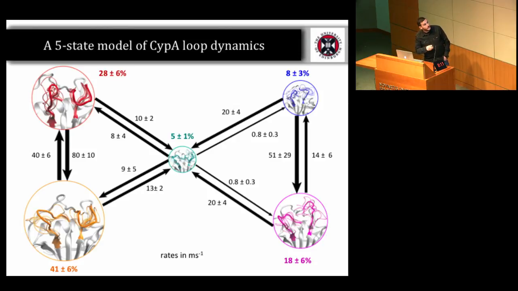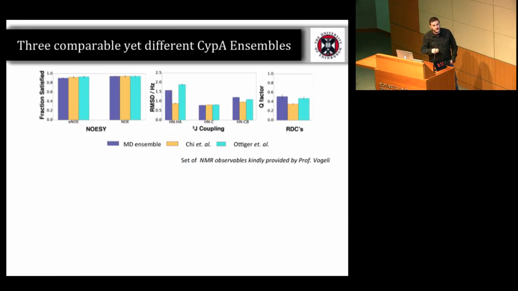That was nice, but we wanted to further test the model. We compared with a set of NMR observables that were kindly given to us by Professor Vögeli. And basically, you can see that if we compare the performance of our MD ensemble against the performance of two NMR sets that were available in the PDB, we perform reasonably well, or at least equally, to these other two NMR ensembles in the NOE experiments, the coupling constants, and the residual dipolar couplings, which is nice.